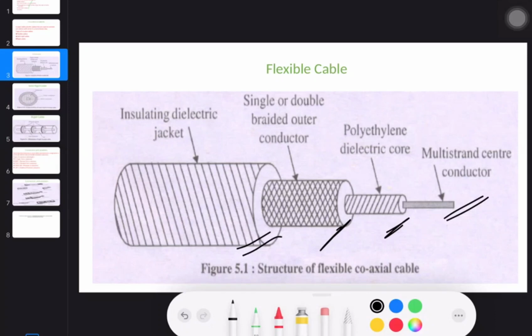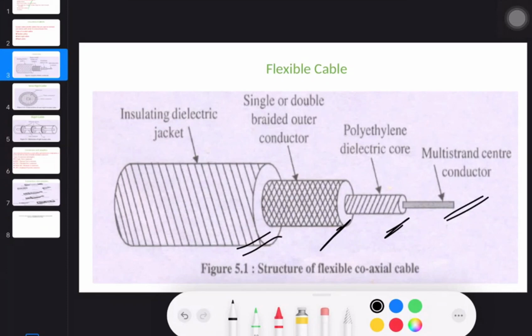In the same way, to avoid shorts and electric shocks for the people who handle this cable, an insulating dielectric jacket is mounted on the last layer. It's very much similar to your CRO probe. Please remember that.